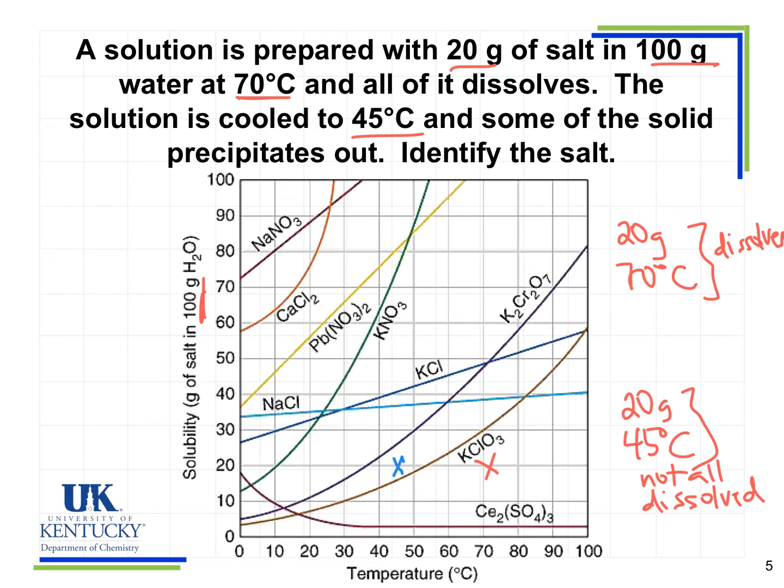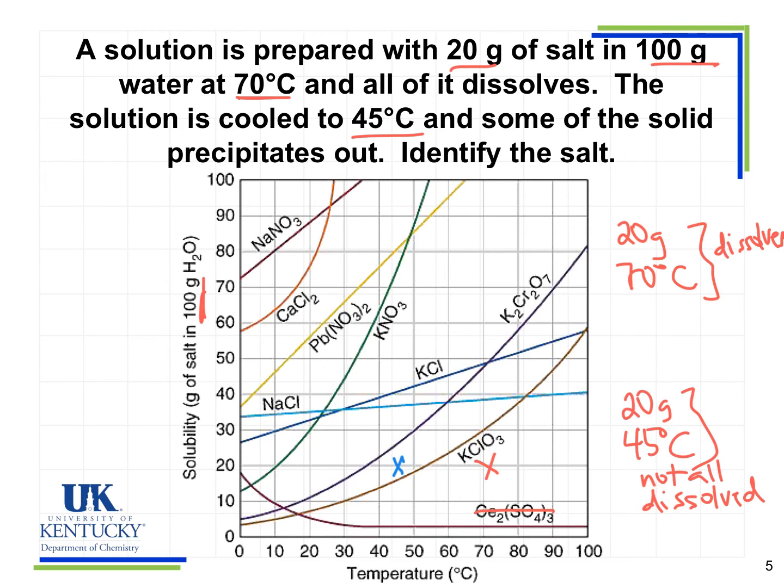So it would not all dissolve. So that means it can't be this compound, but it could be any of the other compounds that I see because all of them have a maximum solubility greater than 20 grams at 70 degrees Celsius. So this first bit of information only eliminates one option for this particular problem.